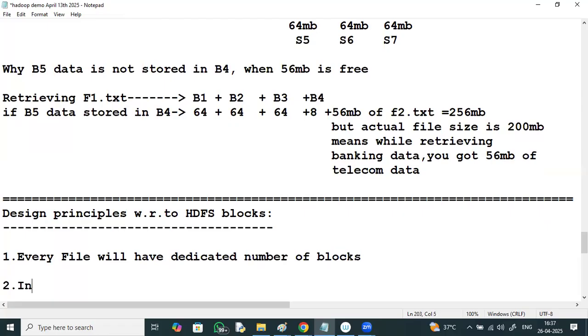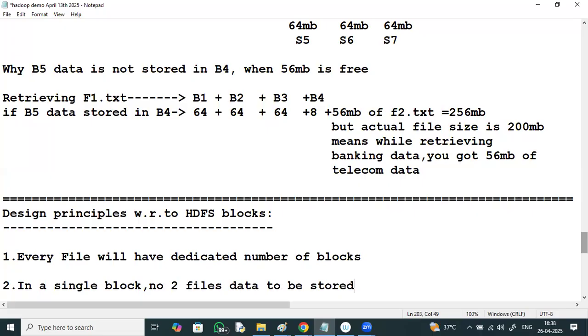In a single block, no two files' data can be stored.